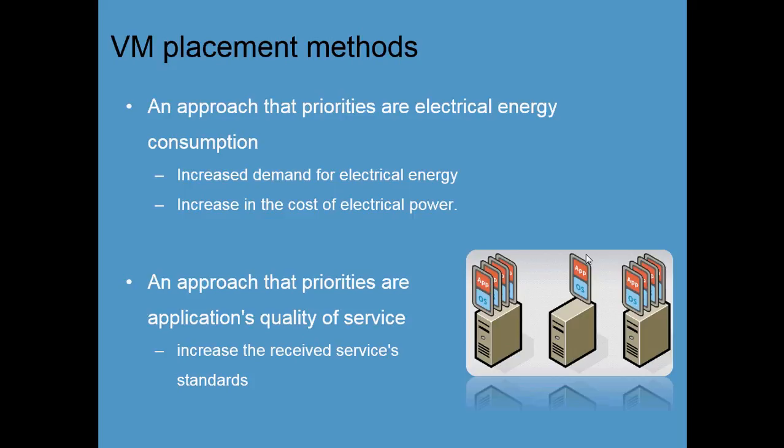In one category, the priority is electrical energy consumption, because of the increased demand for electrical energy consumed by resources, and also the cost of it. In another category, the priority is applications' quality of service. These approaches try to increase the standards of received services.